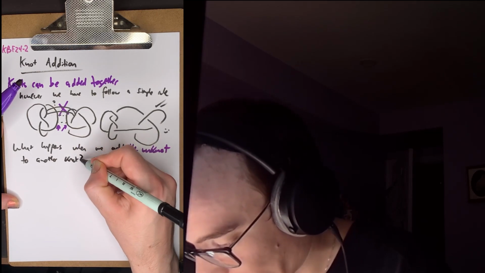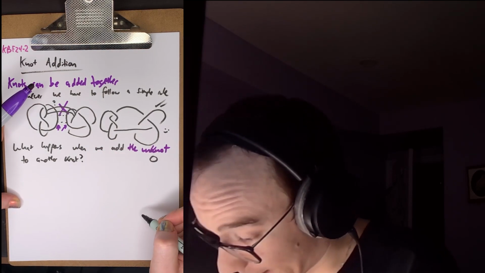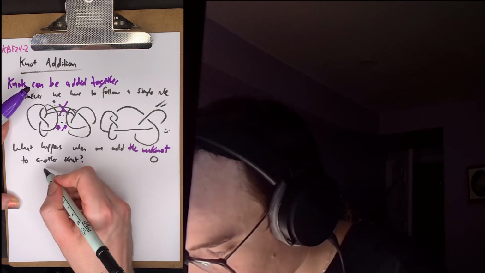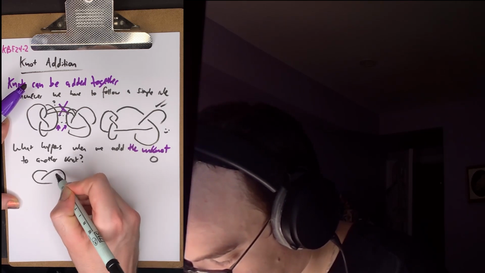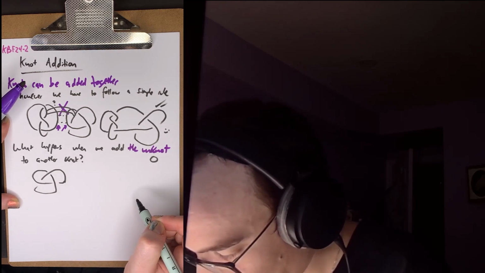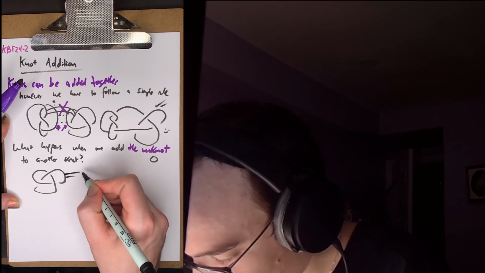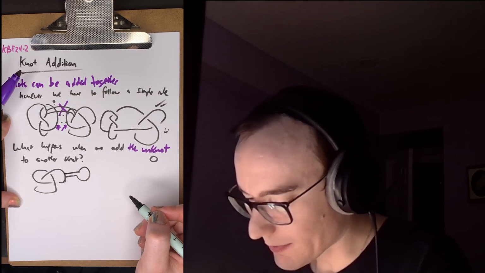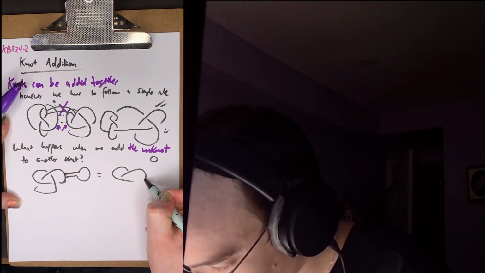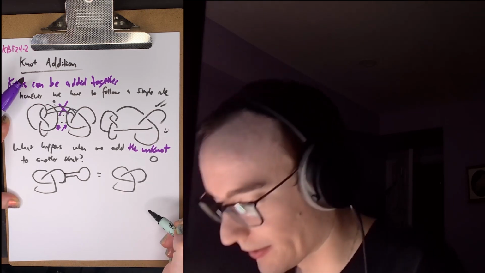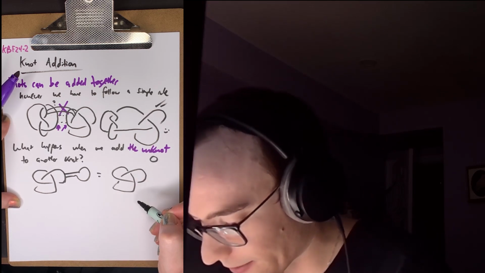For those of you who remember, that's the unknot. So to redraw a simple trefoil again, there we go. If we take this and add it to our unknot, what we experience is something quite obvious. We actually just end up with another trefoil. That's pretty cool.